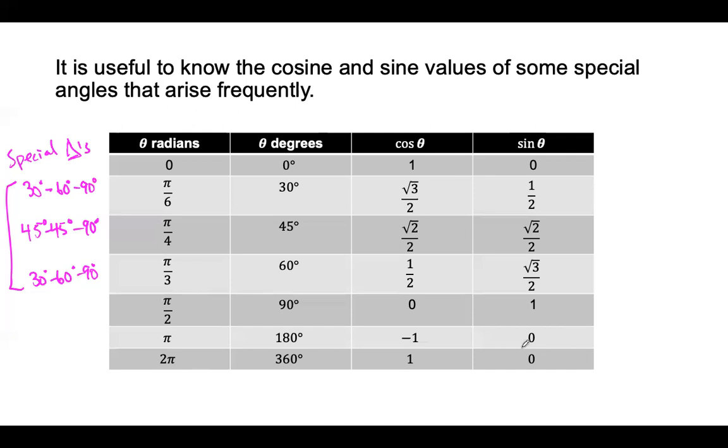So how do we read this chart? Let's say, for example, our theta here is 60 degrees. Therefore, the cos of 60 is 1/2, and the sine of this angle is going to be square root of 3 divided by 2.